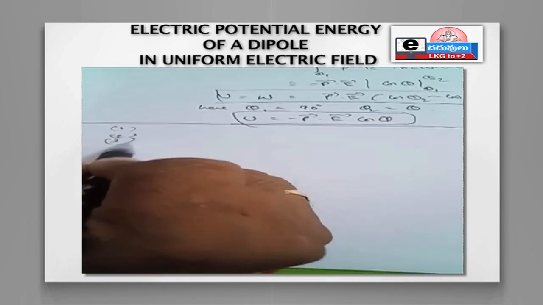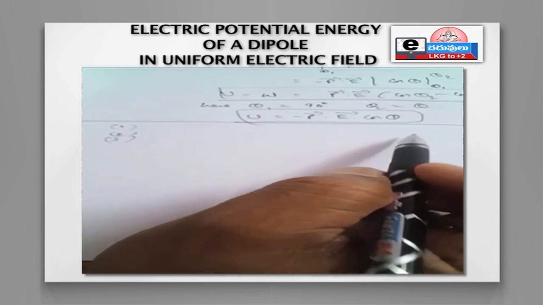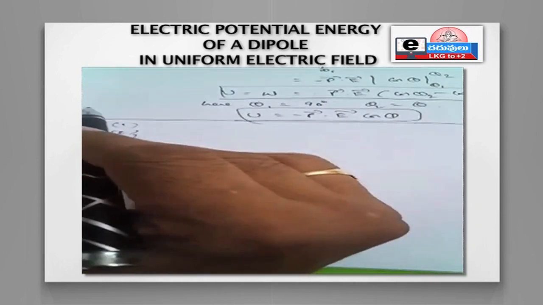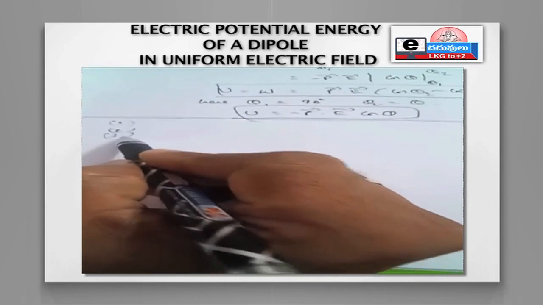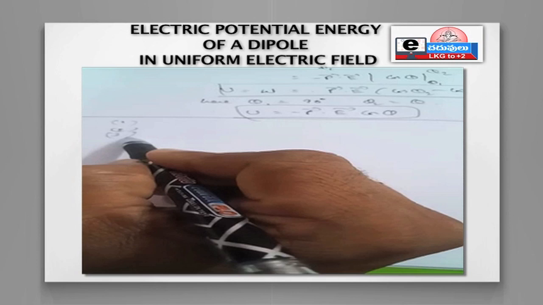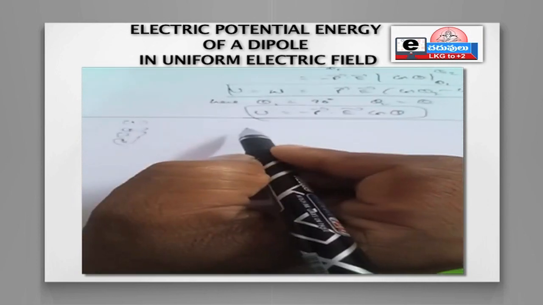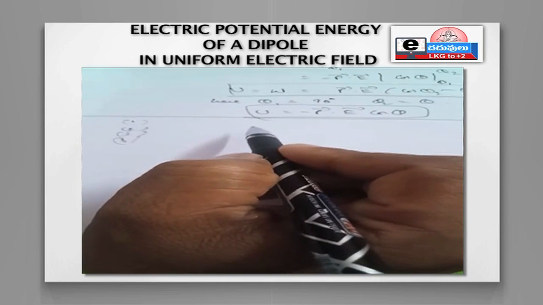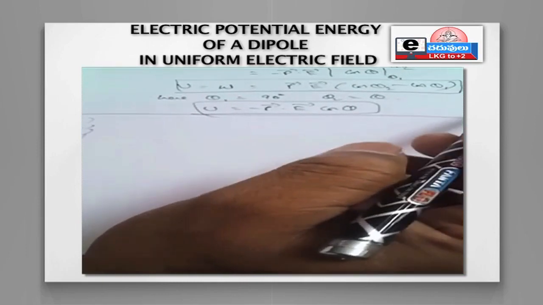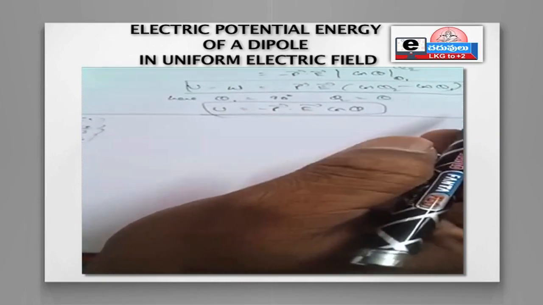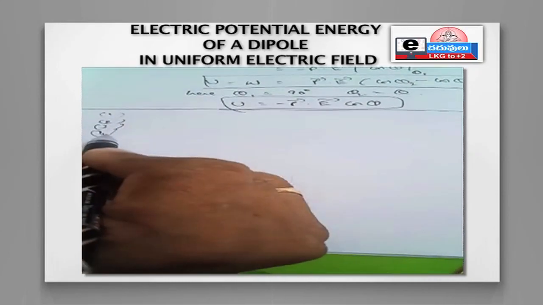The third point is that the electric field is perpendicular to the surface of the conductor. In equipotential surfaces we got this concept. The fourth point is that the entire body is at constant potential. On an equipotential surface, the potential is the same at every point of the surface, which is the equipotential surface definition.